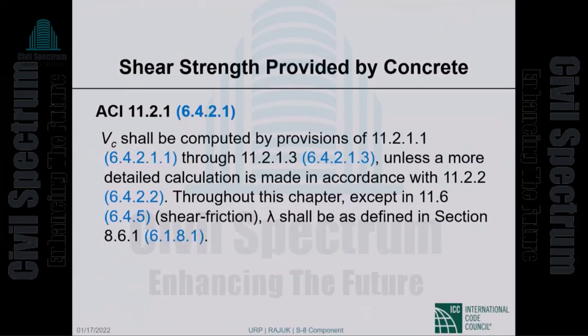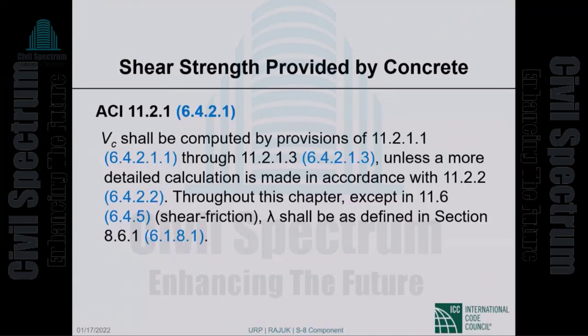Okay. Now V sub c shall be computed by provisions of section such and such unless a more detailed calculation is made in accordance with another section.